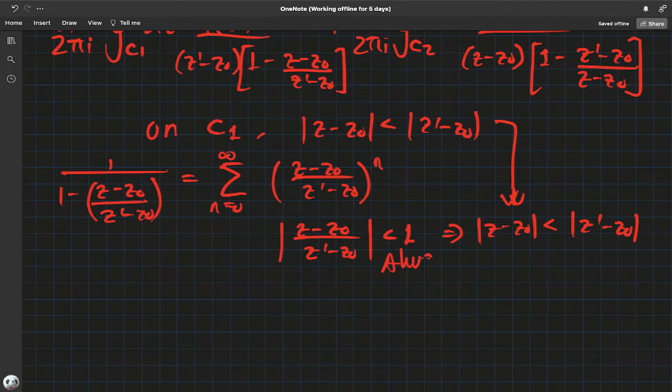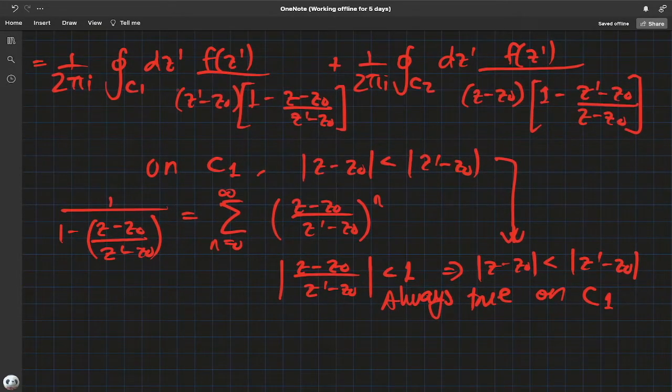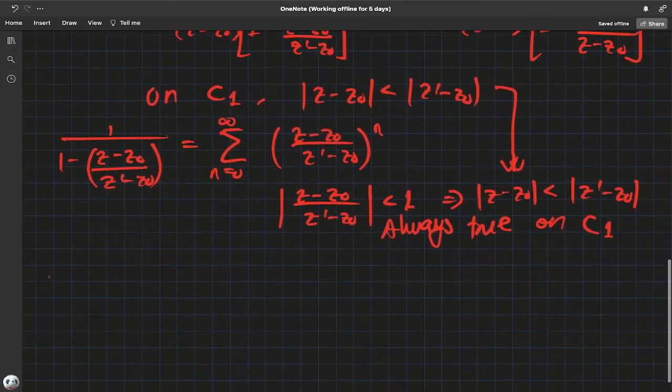So this is always true on C1, and that's more than enough because we are only integrating on C1 for the first term at least. Let me just write the first term.